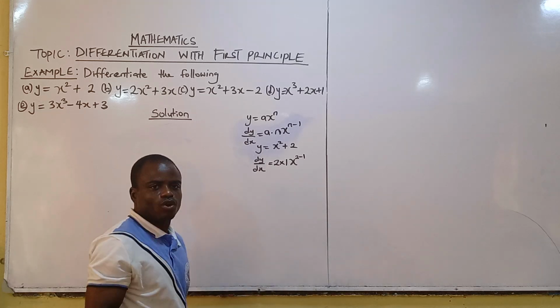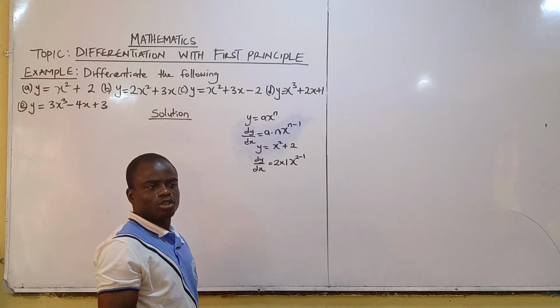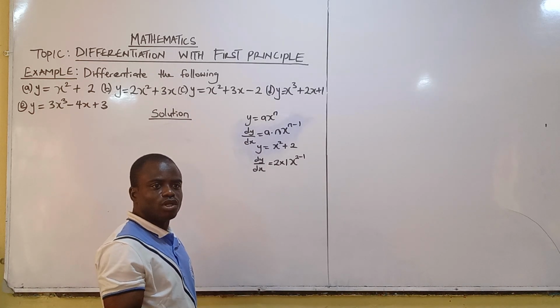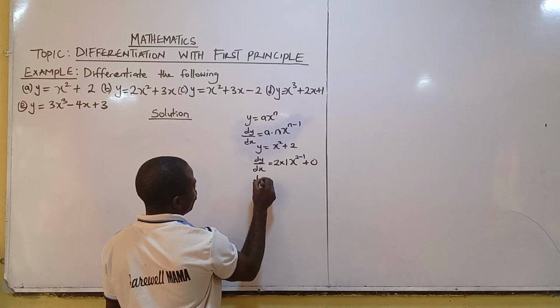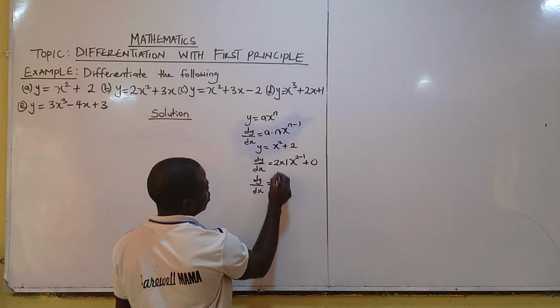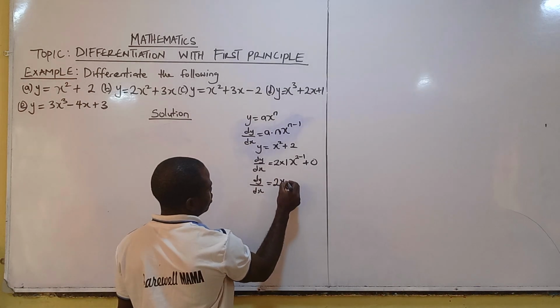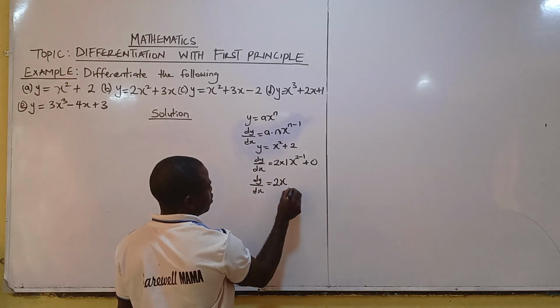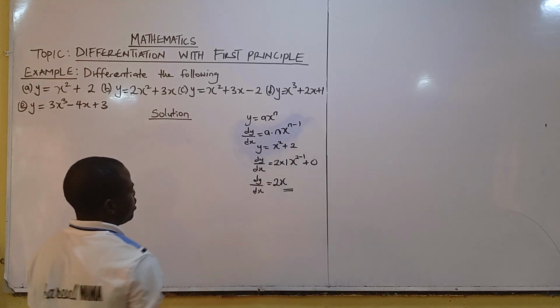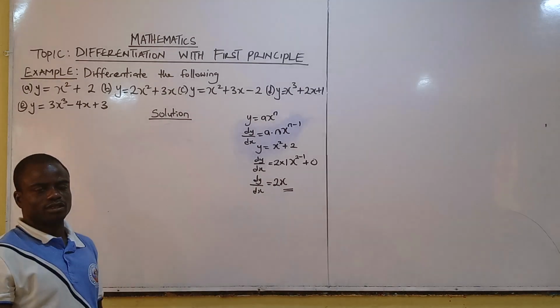When you are differentiating a constant, it is 0. When you are differentiating 1,000 or 1 million, it is 0. Now plus 0. So dy over dx equals 2 times 1, that is 2, x to the 2 minus 1, that is 1. Let's leave it like that. The differentiation of this is 2x.